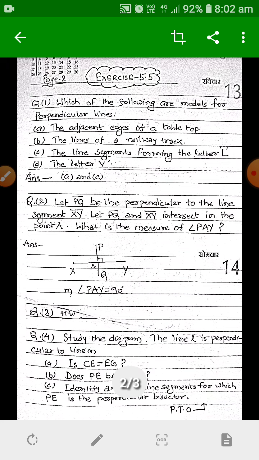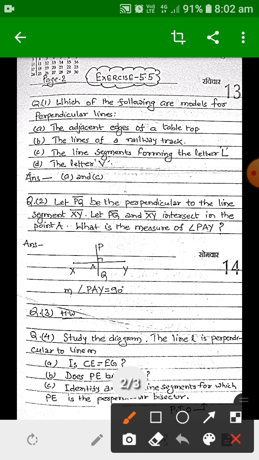So clearly in models A and C we can see that these are the models of perpendicular lines, because in the letter L, the angle between the two is 90 degrees.